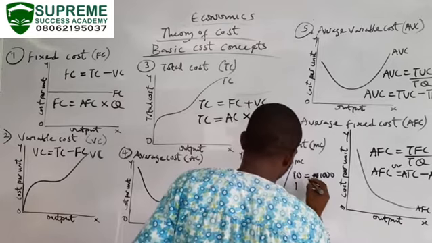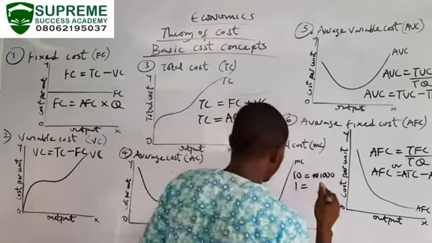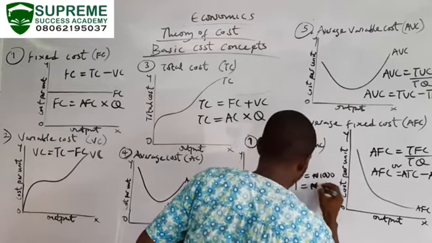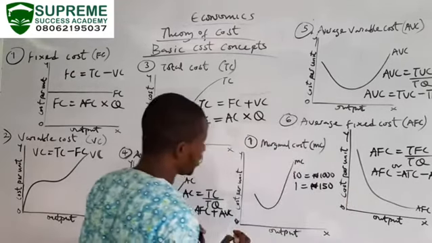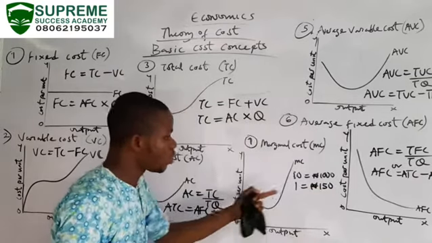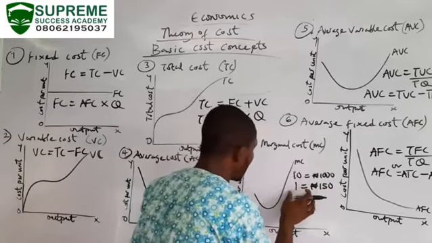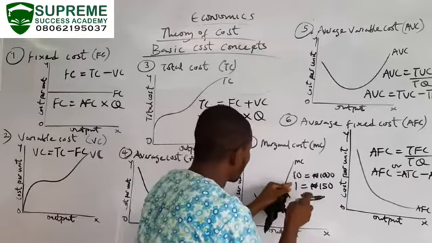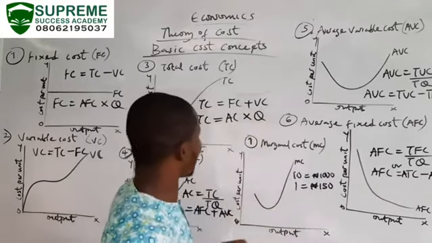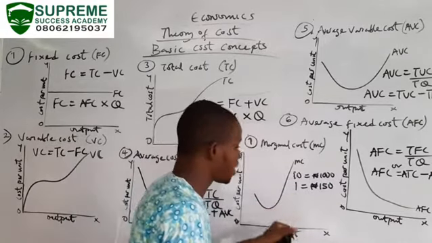When he decides to produce one more unit, he realizes that the additional cost of producing one more unit is, let me say, 150 naira. So the whole cost will now become 1,150 naira. So what marginal cost is saying is that this 150 naira is the additional cost of producing additional units.